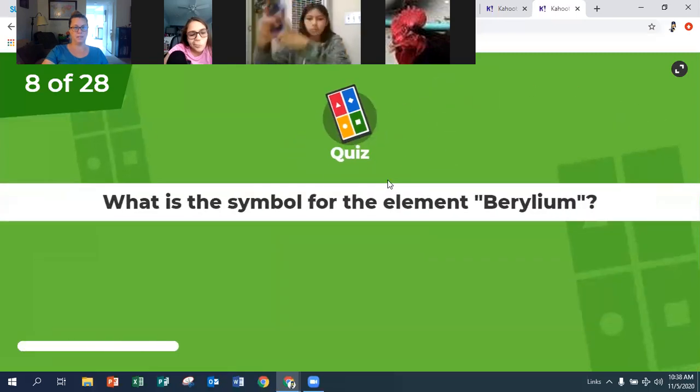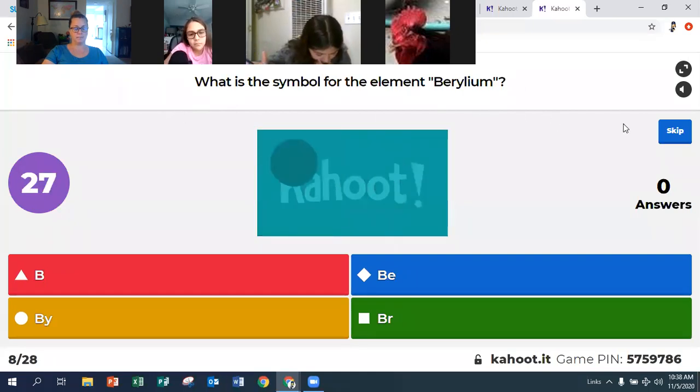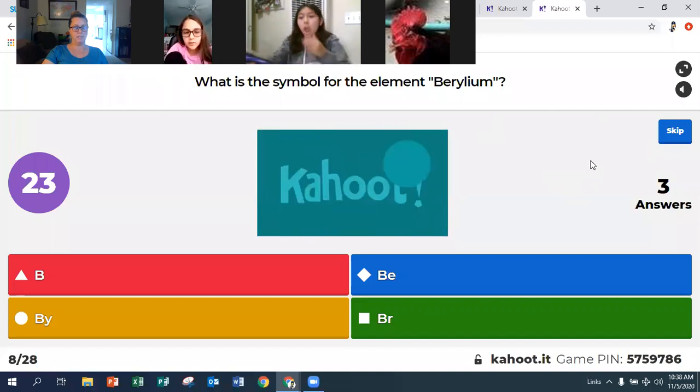Next question. What is the symbol for the element beryllium? Look in period 2 for beryllium.